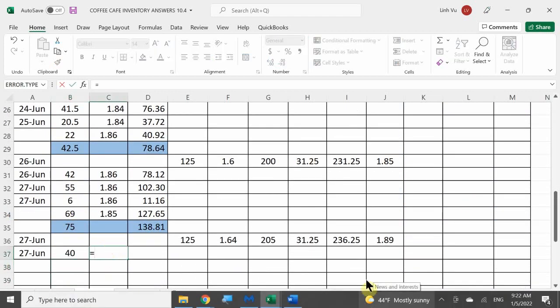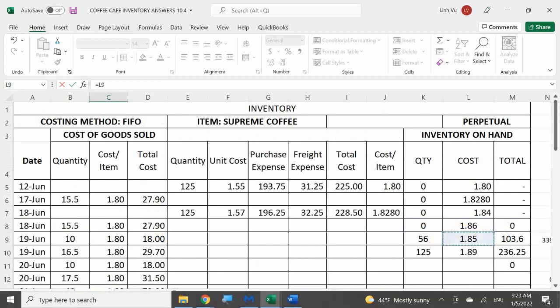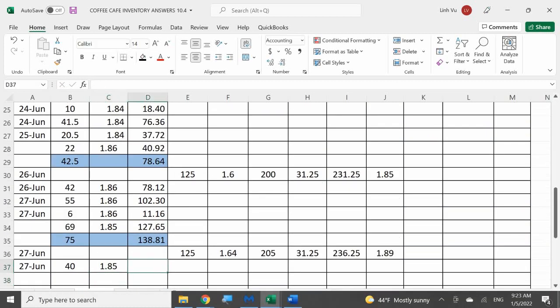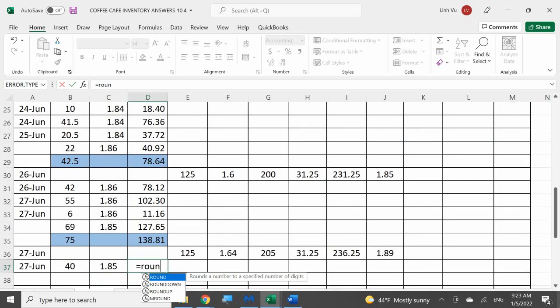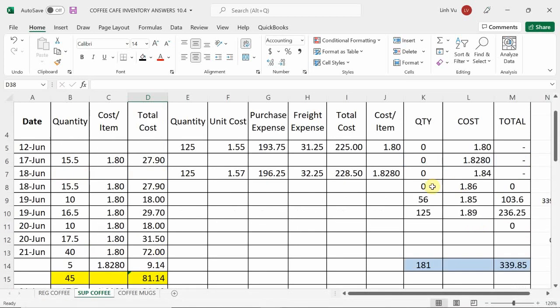Okay. So what is my total cost of goods sold here? $74 even.